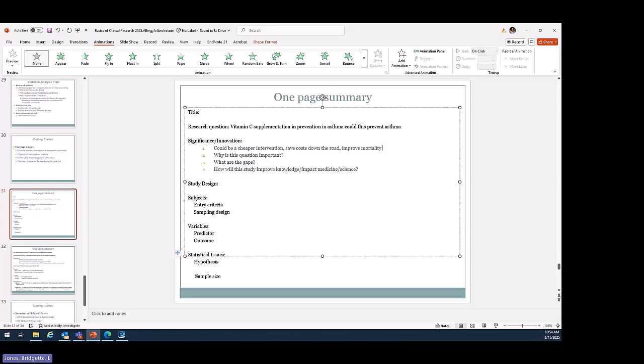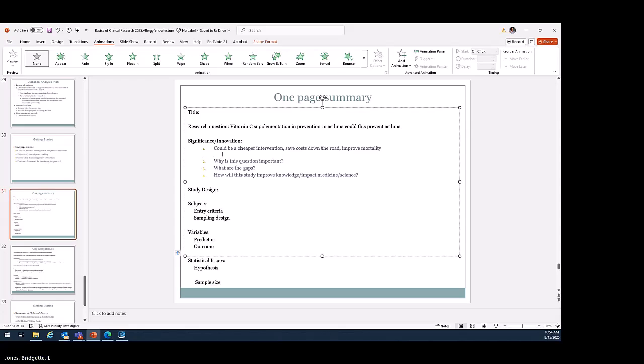So is asthma a really big healthcare issue? Absolutely. Big cause of ER visits, especially in the winter time. Yeah. There are studies that show that 8 to 10% of the population has asthma. So if we could find something to prevent a chronic condition in 8 to 10% of the population, that might be a big deal.